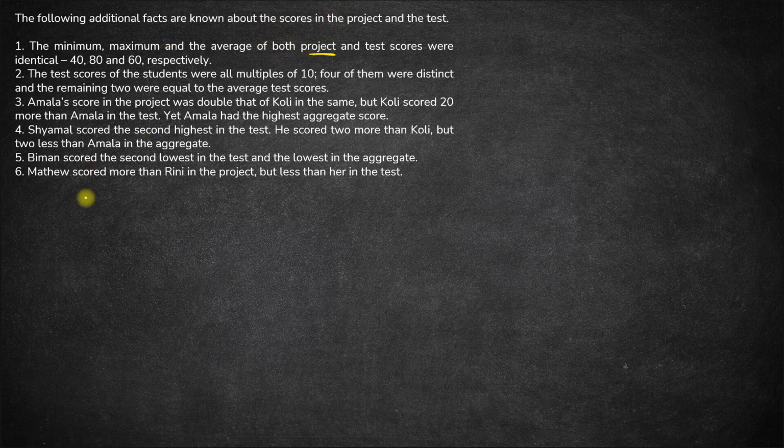For the project, the minimum is 40. So there are 2 members who get a score of 40 each. There are 2 members who get a score of 80 each. So this is the minimum and this is the maximum, right? And there will be another team of 2 members whose marks are, let's say, X, such that the average marks of the whole group is 60, right?